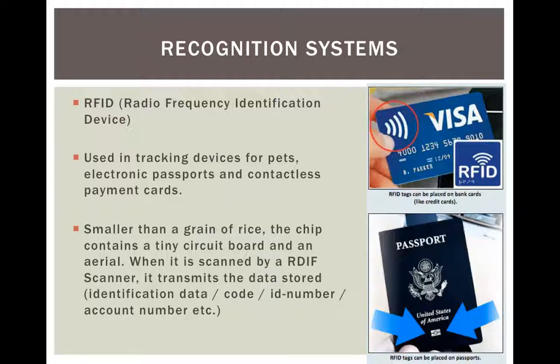The chip itself is smaller than a grain of rice, and it contains a tiny circuit board and an aerial. So when it's scanned by the RFID scanner, it transmits the data. So like, for example, an identification data, an ID code or ID number, maybe an account number, to the RFID scanner, which then compares it for verification purposes.